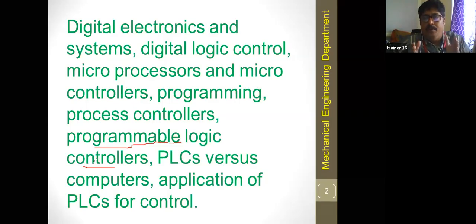Programmable logic controller is nothing but we write a program in ladder diagram, such that we feed that program to the hydraulic or pneumatic actuation system. Without human involvement, it will perform. So a hydraulic or pneumatic actuation system alone is semi-automation. If it is combined with PLC, it is fully automated.